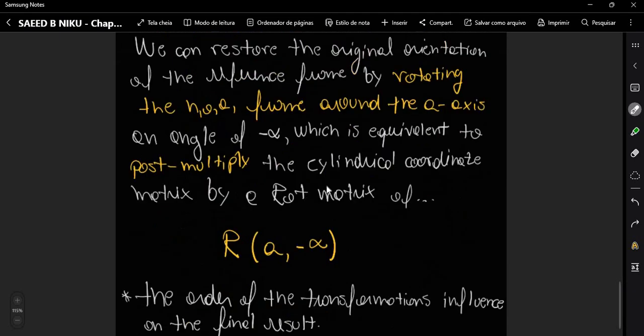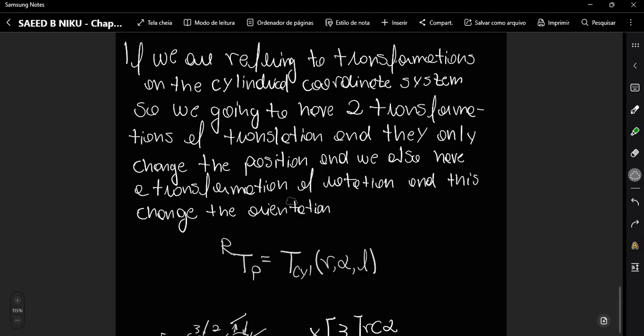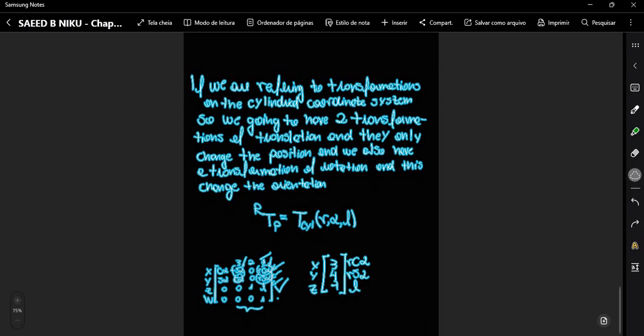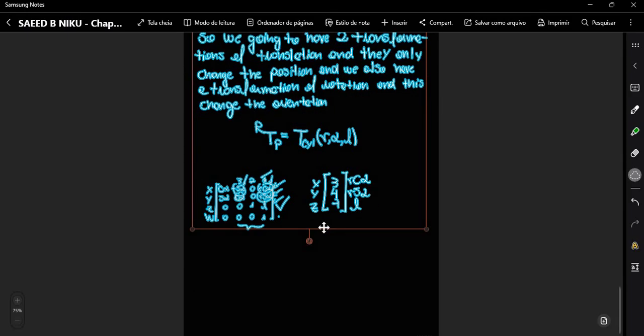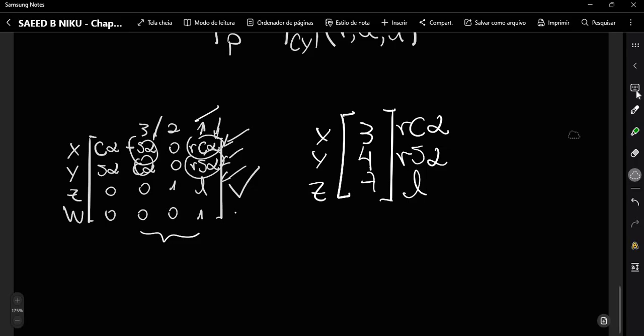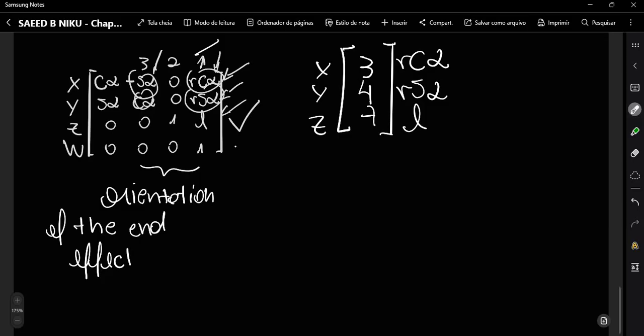I'm going to write that is the orientation of the end effector. Orientation of the end effector.